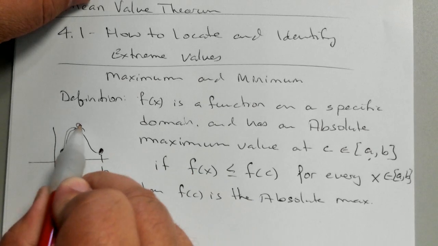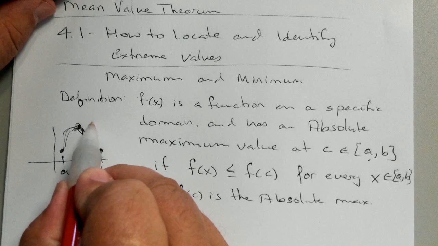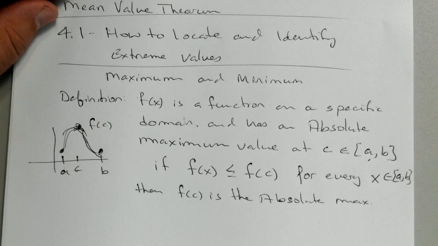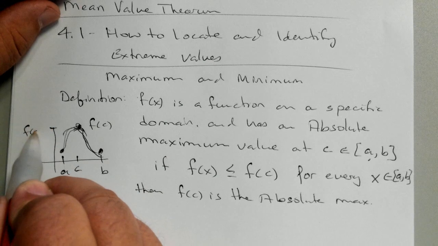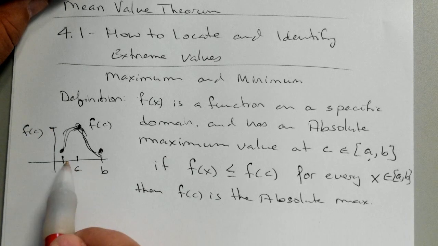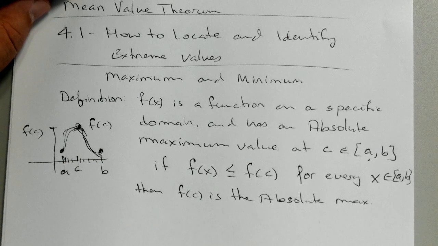So the highest point of the graph, this is f of c, it's higher than all the other f of x's in that domain, because f of c is greater than all the other f of x's.